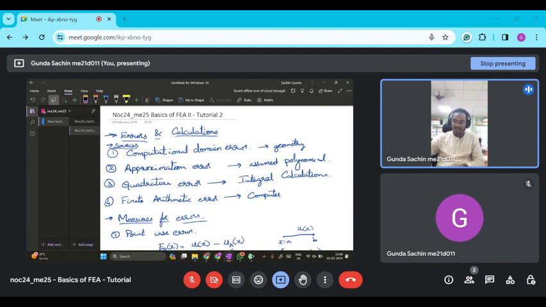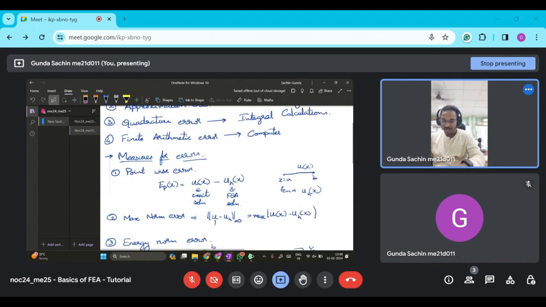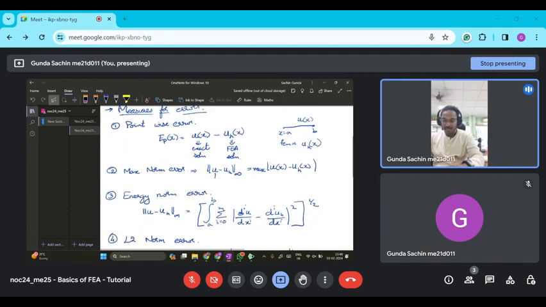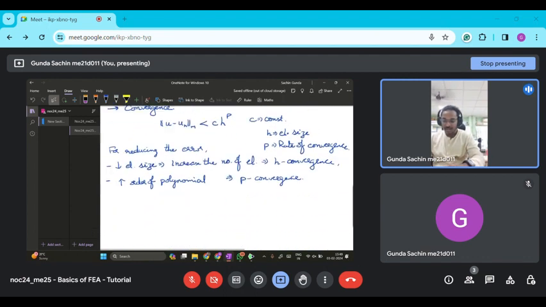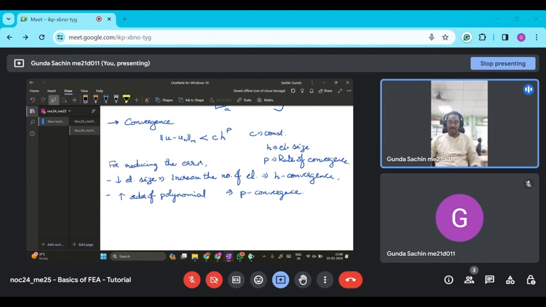So just a quick recap, we saw the sources of error, what measures can be used for error, and then what convergence is and ways to reach the solution with acceptable tolerance.